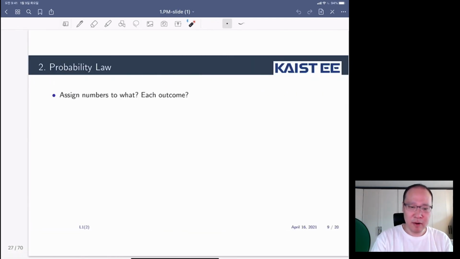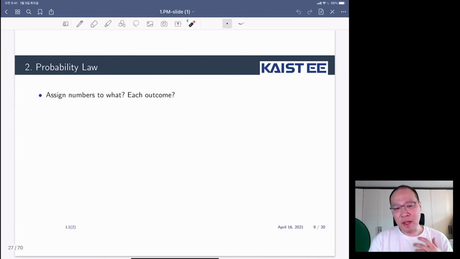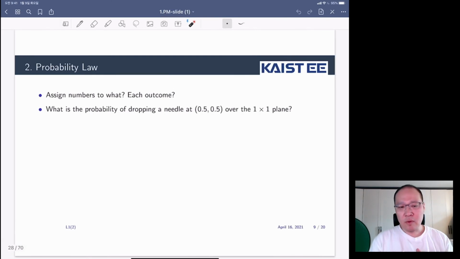So what is the probability law again? We want to assign some numbers to each outcome. But let's think about this more carefully. Let me ask the question: what is the probability of dropping a needle at the position 0.5 and 0.5 over the 1x1 plane? Well, if you think about it, this probability should be 0, right?